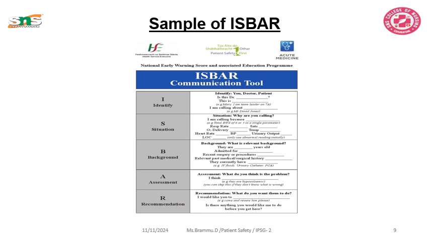You also give certain background, that is, how many years old he is, what he has been admitted for, and whether there was any recent surgery or past medical history, and what is currently planned for the patient. In the assessment, you say that this is a particular problem, might be the patient has hypovolemia, or the patient is having respiratory compromise. Then the recommendation is that I would like you to come and review the patient, or whether we can start some IV therapy in case of hypovolemia.